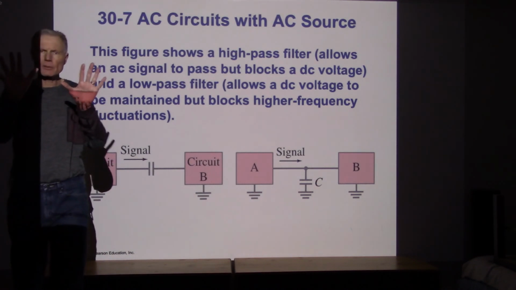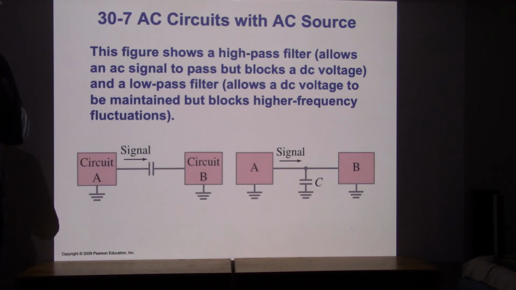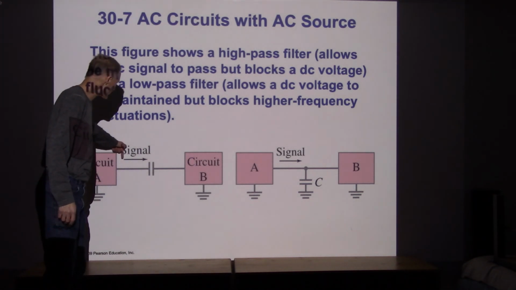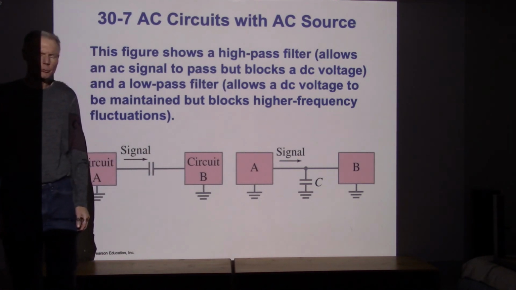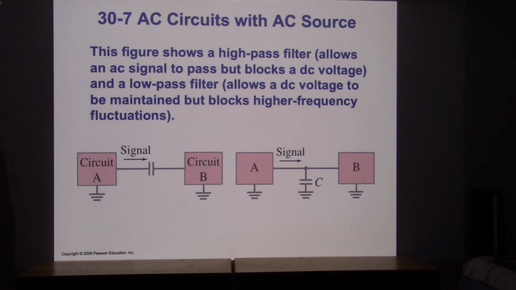If I'm oscillating back and forth a lot, the presence of that capacitor doesn't really block the transmission of the signal very much. But if I go to low frequencies, the low frequencies are just going to build up charge on the capacitor, and then the signal's not going to get through very well. So this blocks out the low frequencies, and that's considered a high-pass filter.